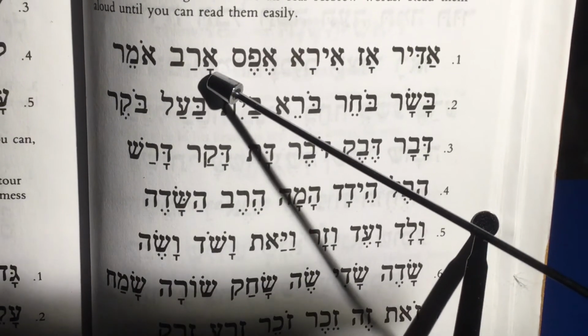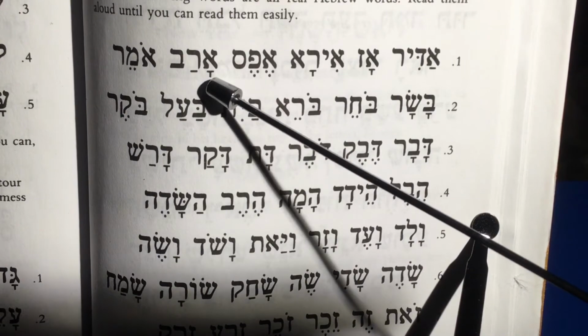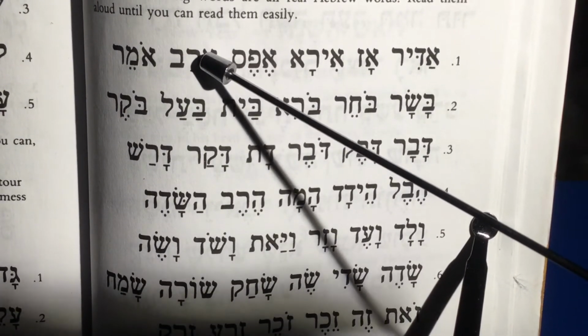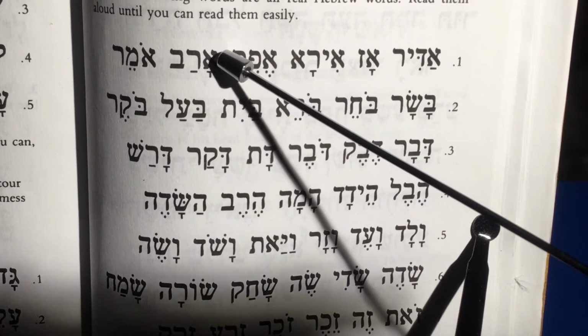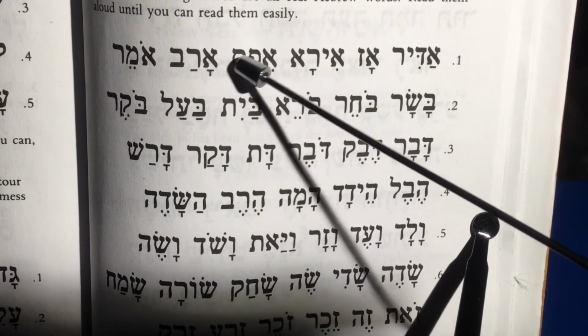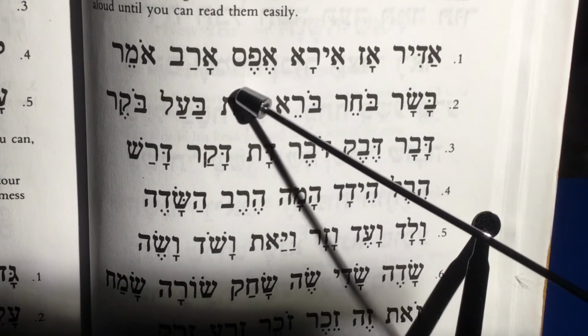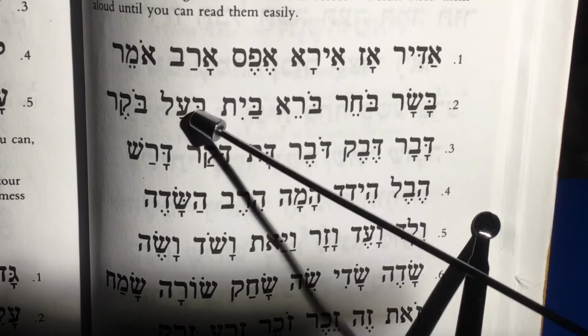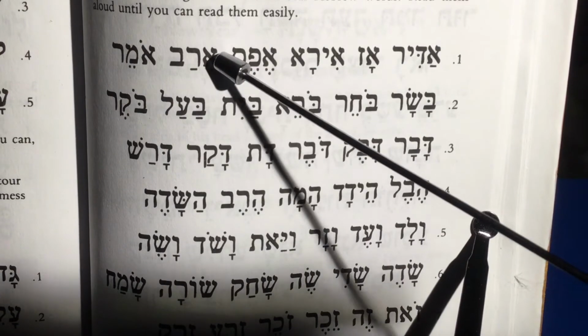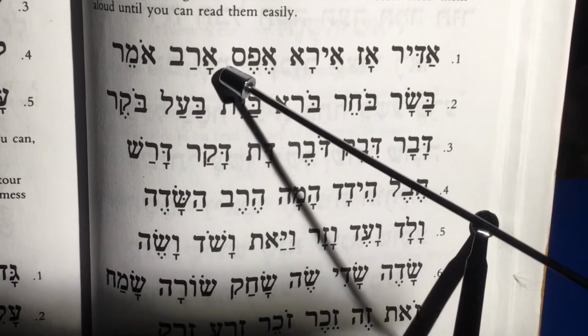Excuse me. This word here is arav. You see the alef here, so you can't make a sound out of the alef. This alef here again, and this the ayin. Both of them don't have a sound, but they will have a sound when you stick a vowel point under there.